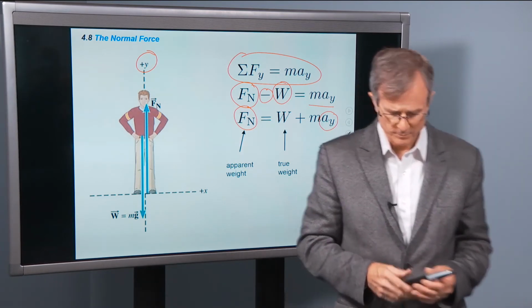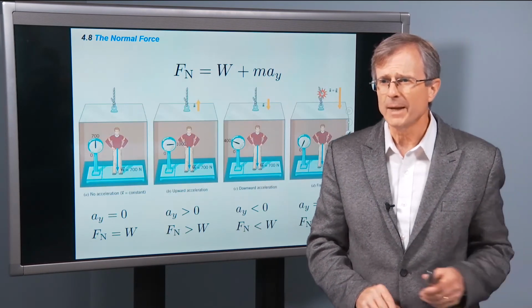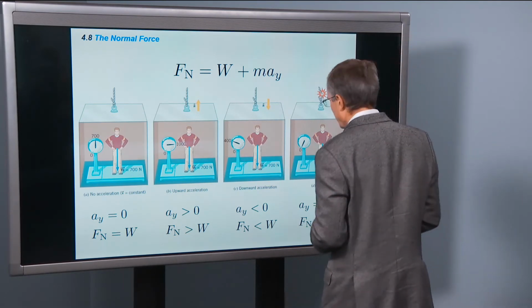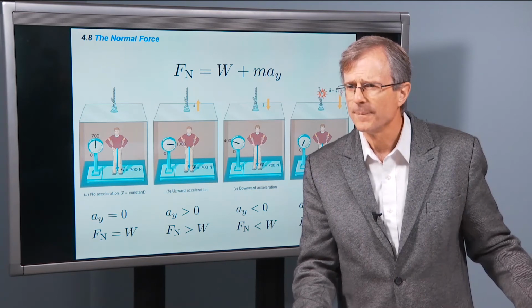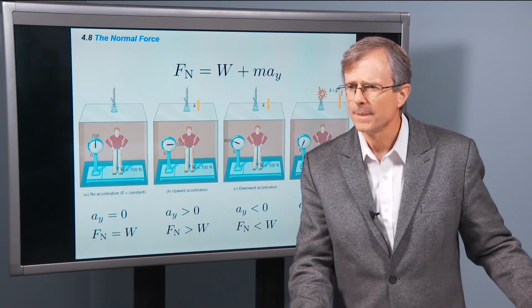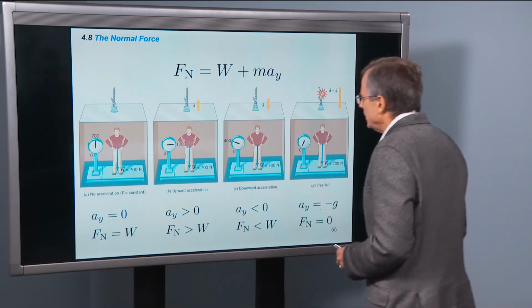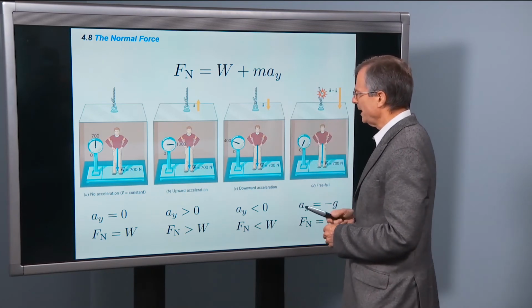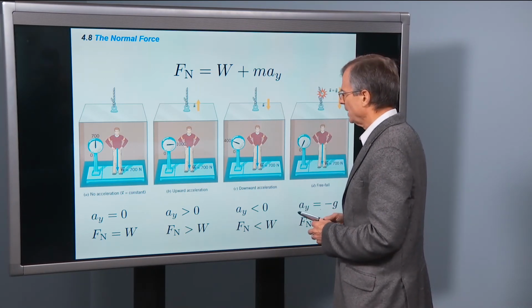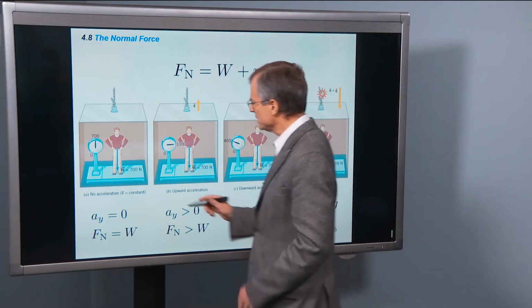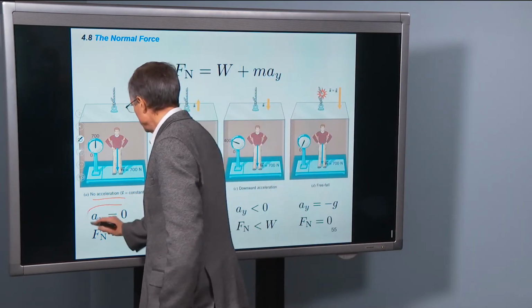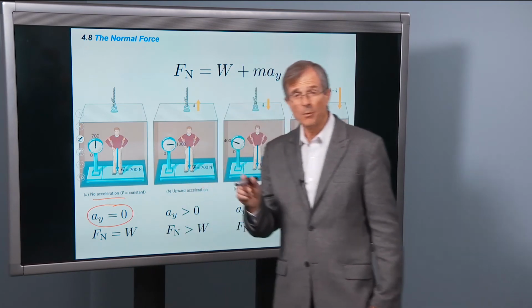So now let's go back to this diagram and ask what this equation can help us understand. If the acceleration is 0, then a y equals 0.